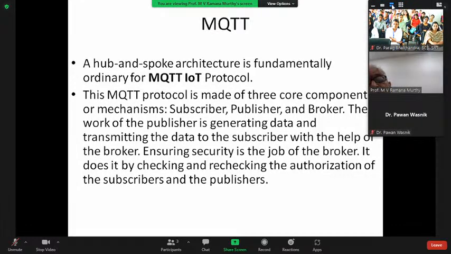The work of the publisher is only to generate data and transmit the data to the subscriber with the help of the broker.